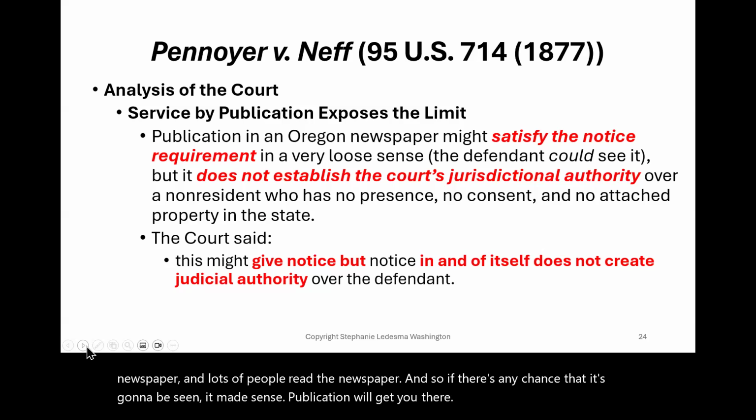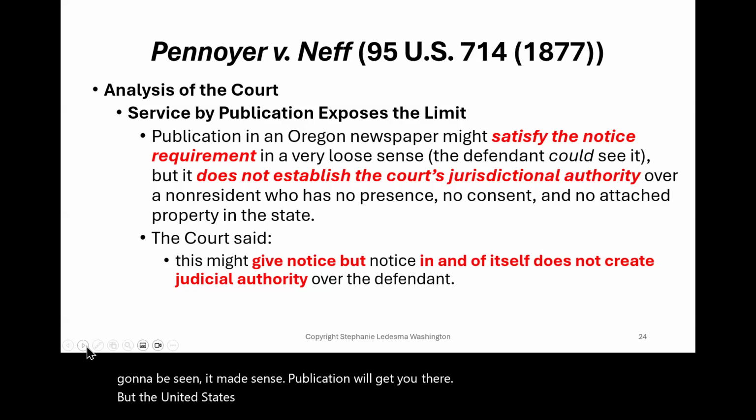But the United States Supreme Court said, but there's a difference. There's a difference between authority and procedure. Remember, what do you need to have a valid judgment? You need to have authority.